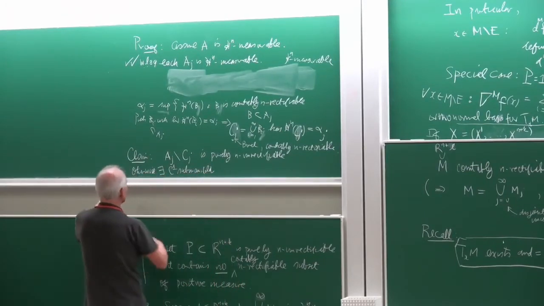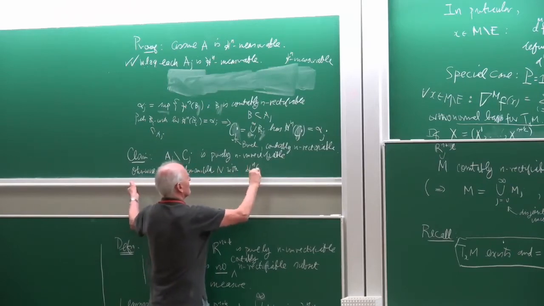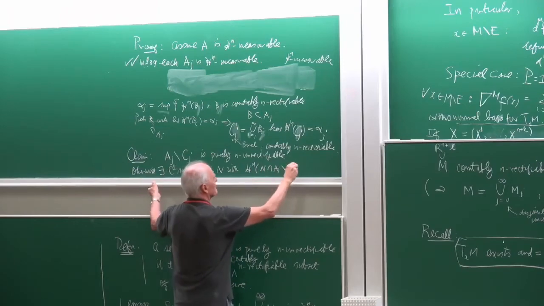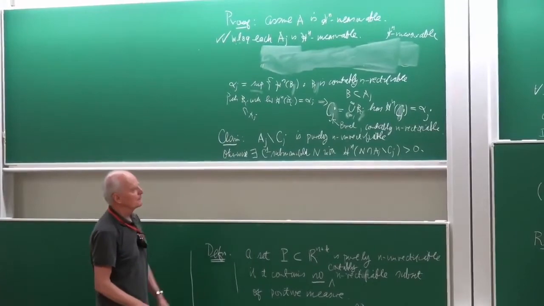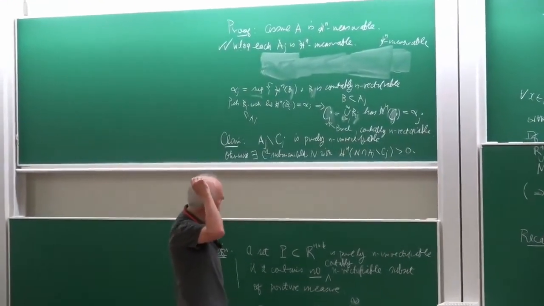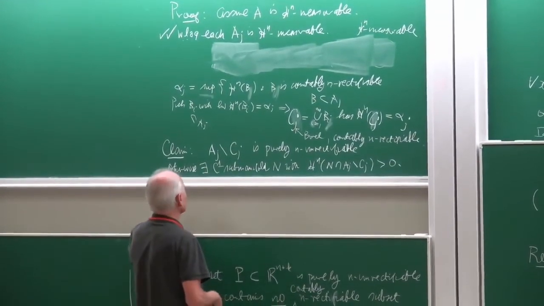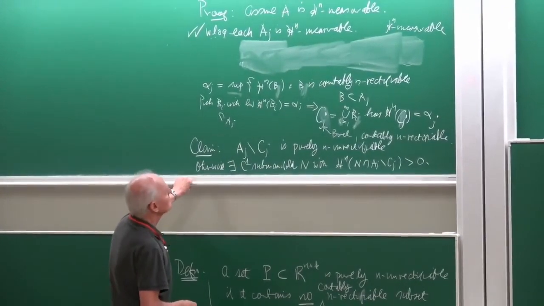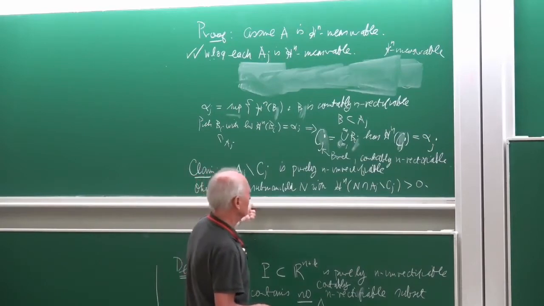So by definition, there exists a C1 submanifold N with H^n of N intersect Aj minus Cj positive. Actually I want this to be a Borel set.